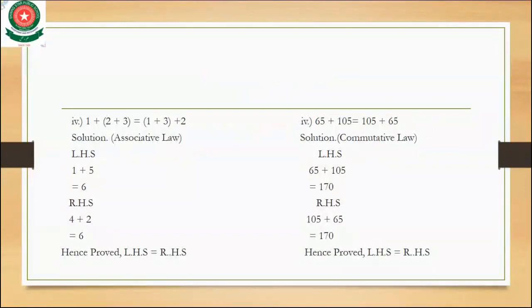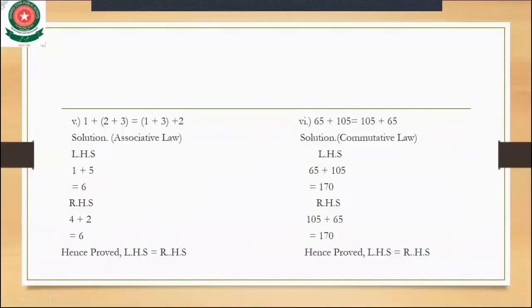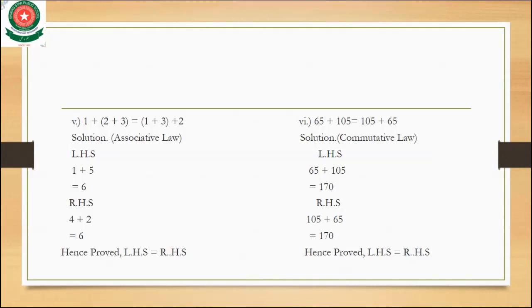Come to the fifth part. First of all, we change this numbering. The fifth part is 1 plus bracket 2 plus 3 bracket close is equal to bracket 1 plus 3 bracket close plus 2.